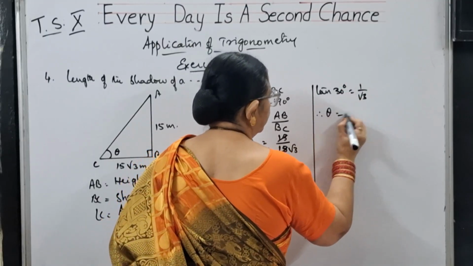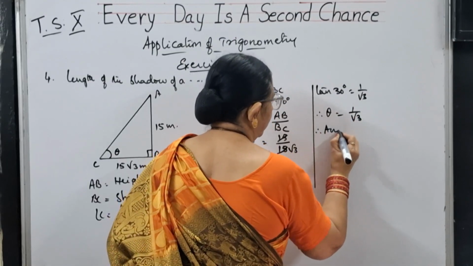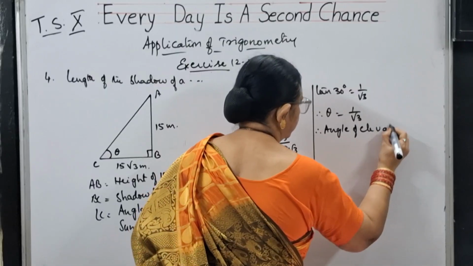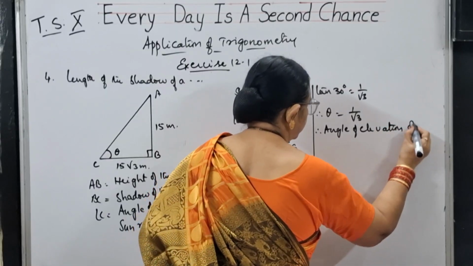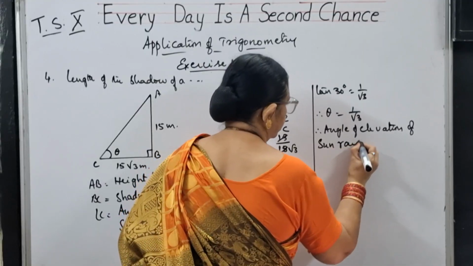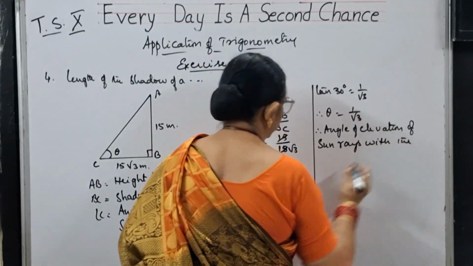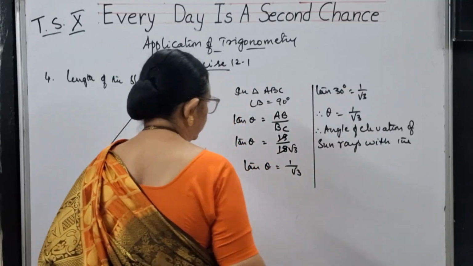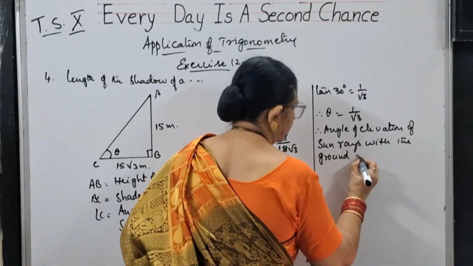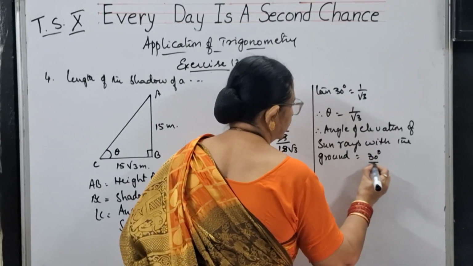Therefore, the angle of elevation of the sun rays with the ground, with the ground only they have given, is equal to 30 degrees.